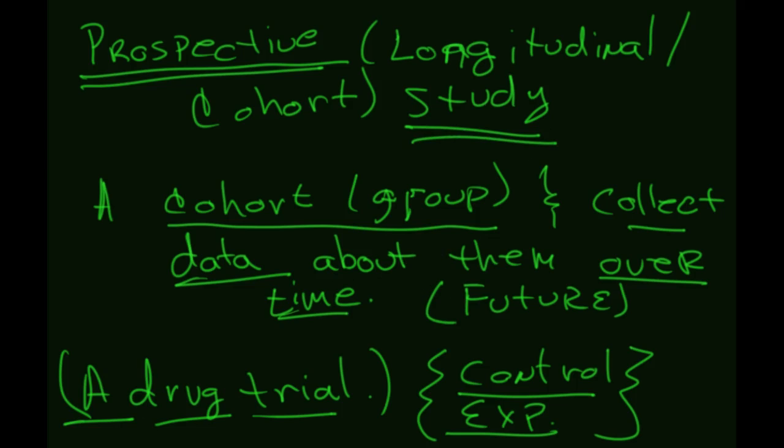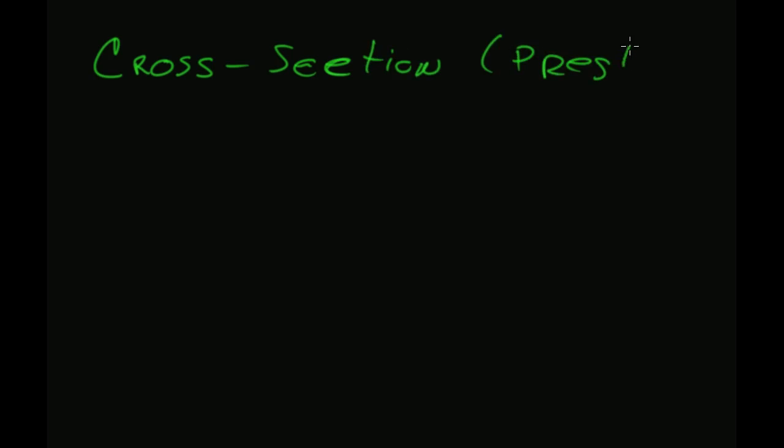So in summary, there's three ways to time an observational study. One is doing a cross-section, which is the present, where you take a look at a group of people all at one time, present day, right?